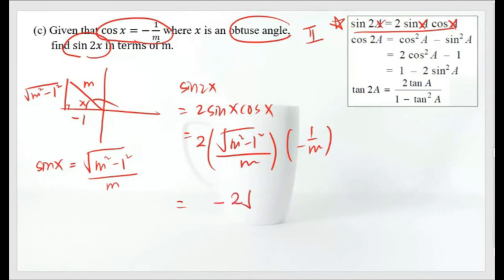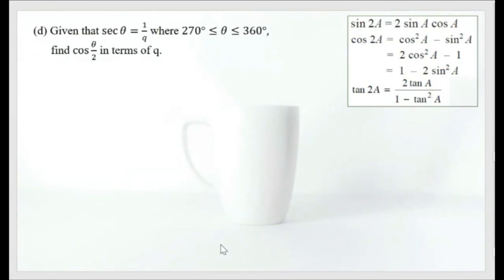Negative 2 square root of m square minus 1 over m square. So that's it. The negative can move to the front. Okay. So few more, 3 more questions.